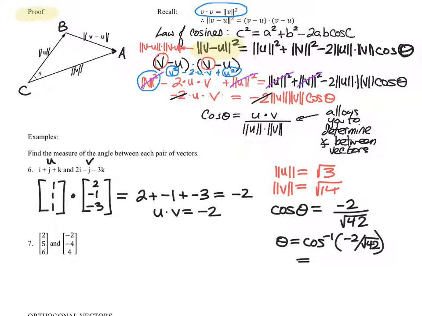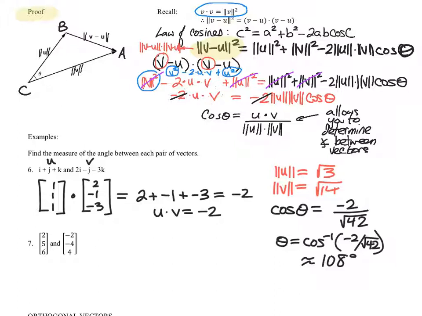So we're talking about approximately 108 degrees. I'm just going to check, make sure nobody messed around with my mode. Nobody did. So about 108 degrees, roughly, if I'm rounding to the nearest degree.